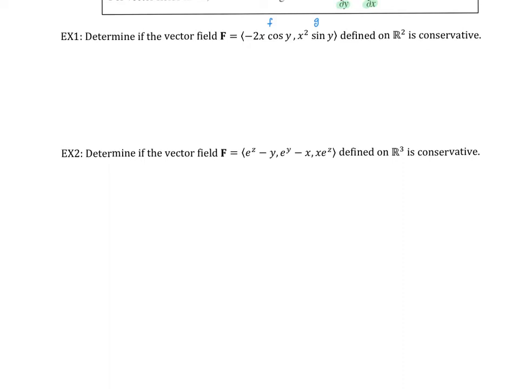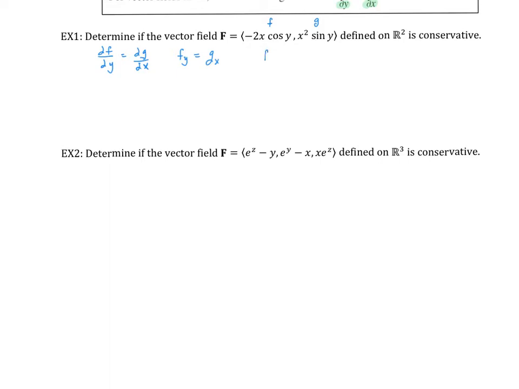So all we have to do is check to see that the partial derivative of f with respect to y is equal to the partial derivative of g with respect to x. Remember, the other way that we can write this is f sub y equal to g sub x.